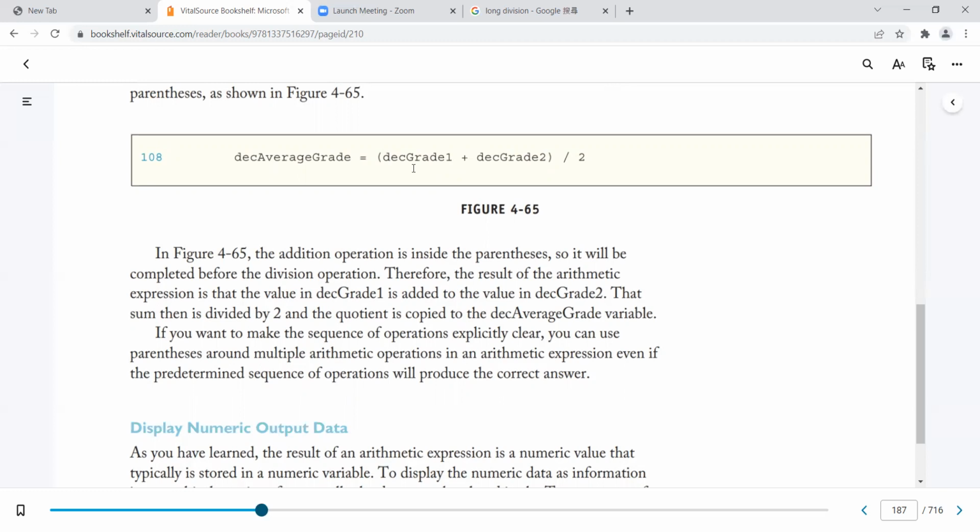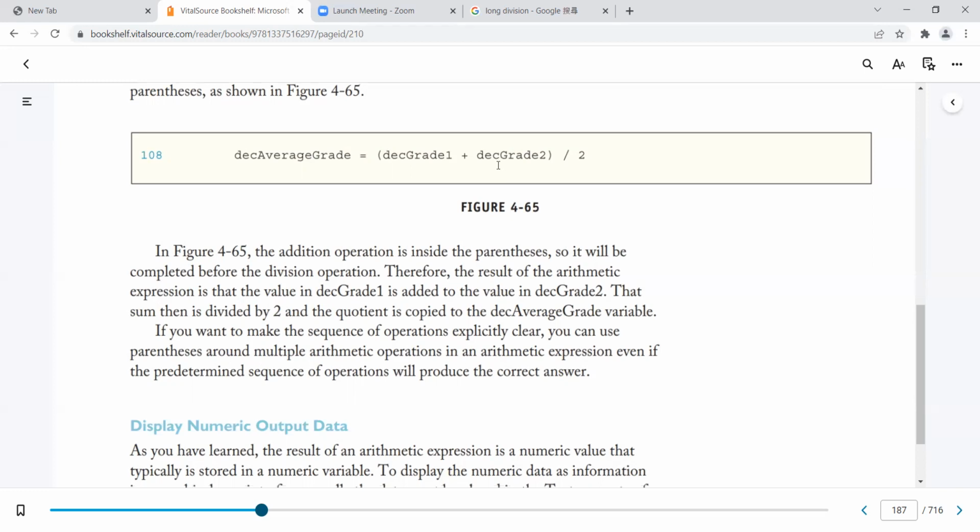You can have multiple layers of parentheses. Once you see parentheses, they always work from the most inner parentheses to the outside. So parentheses can help you manipulate your calculation. In the future you will always see parentheses. Same idea as in math.